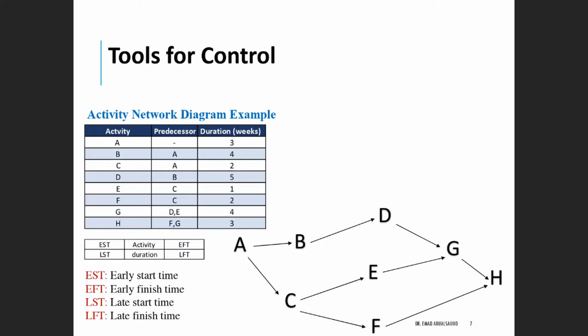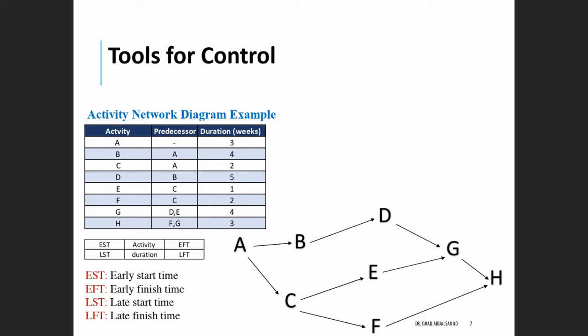The first step you will do is to draw the activity network diagram. You proceed in drawing it by starting from the beginning of the table here, with the first activity. In our case, the first activity is A.